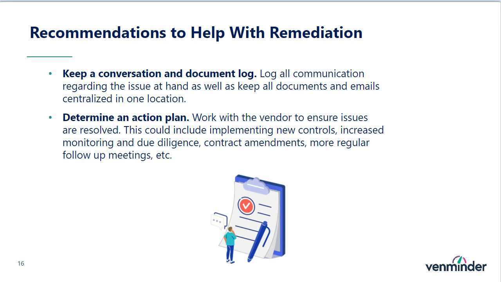But having it centralized, we're talking about meeting minutes and emails that have been going back and forth internally or between you and the vendor. A centralized place for these conversations and documents is a really strong idea to do things consistently and to ensure that there's transparency. So log all the communication and then update the issue as needed.